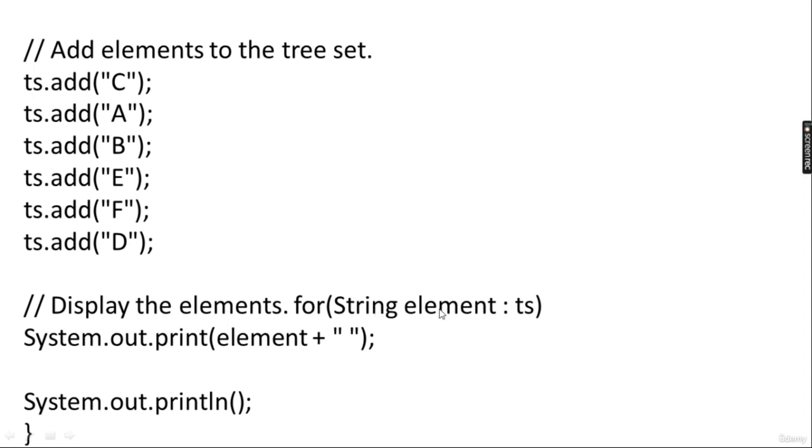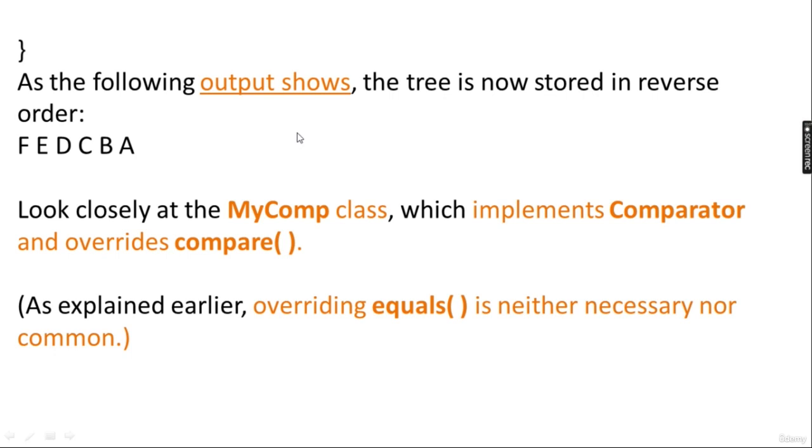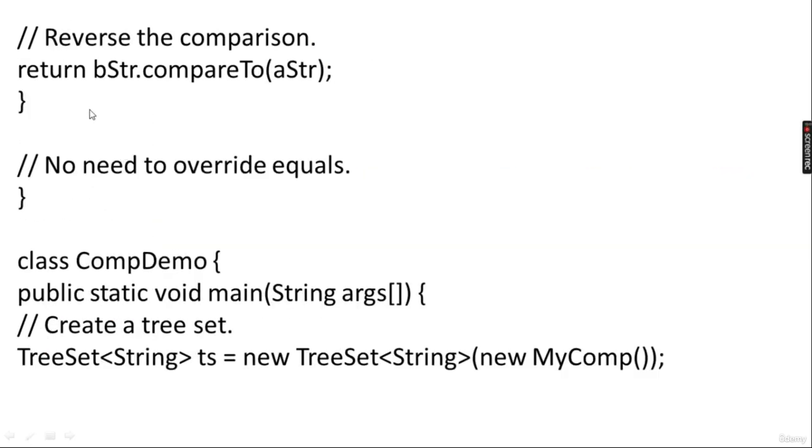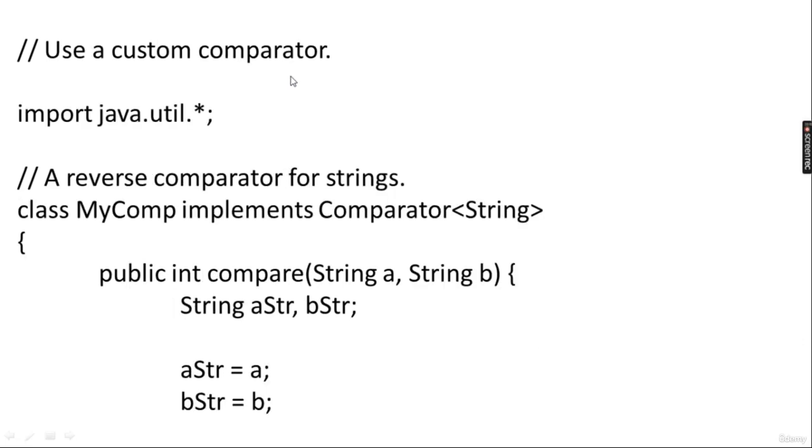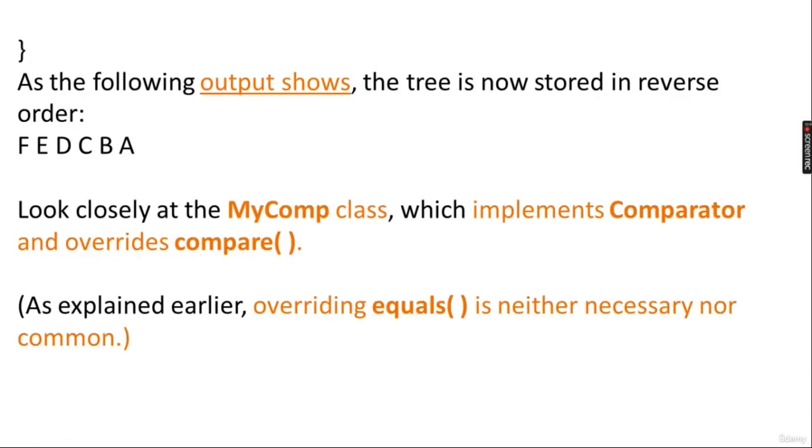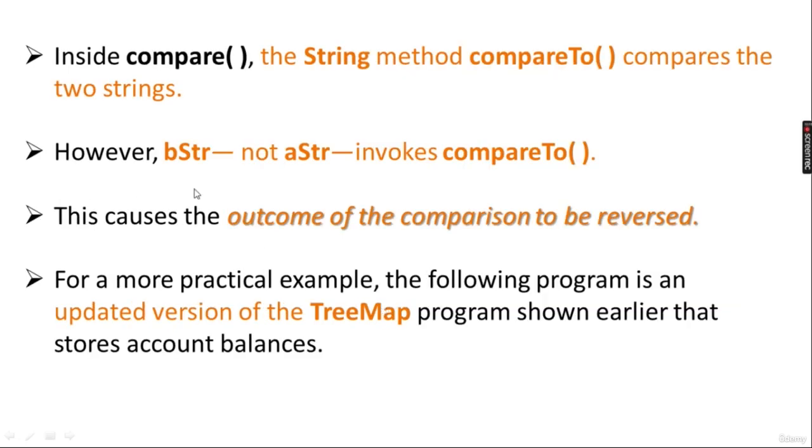Then we display the elements, for each string element in ts, print the element and a space. Output is the reverse order. Why reverse order? Because of b.compareTo(a). My comparator class implements a comparator and overrides the compare method. Overriding equals is neither necessary nor common.